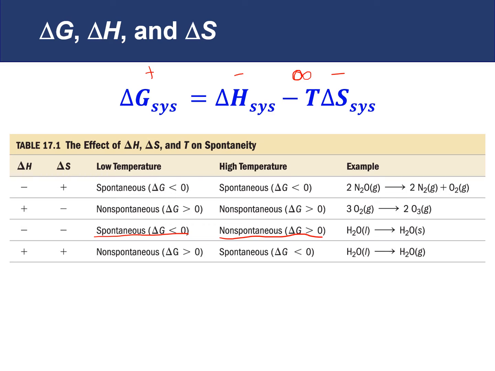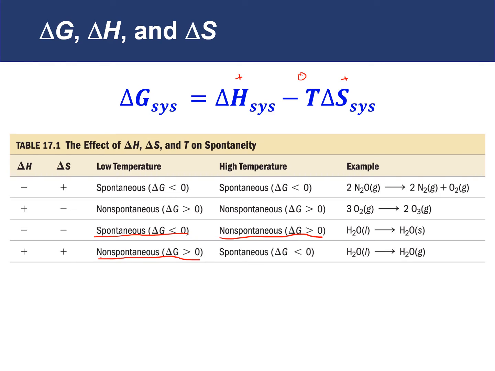We can do the same thing for our last example, where they're both positive, to see what happens. So if delta H is positive and delta S is also positive, at T equals 0, the delta S part goes away, and so delta G would be equal to our delta H. Delta H is positive, therefore delta G is positive, so the reaction would be non-spontaneous.